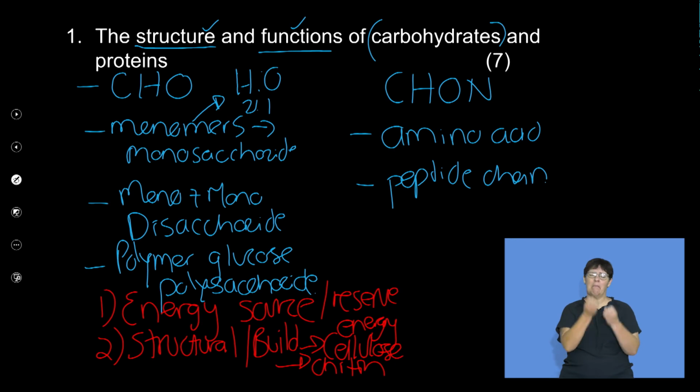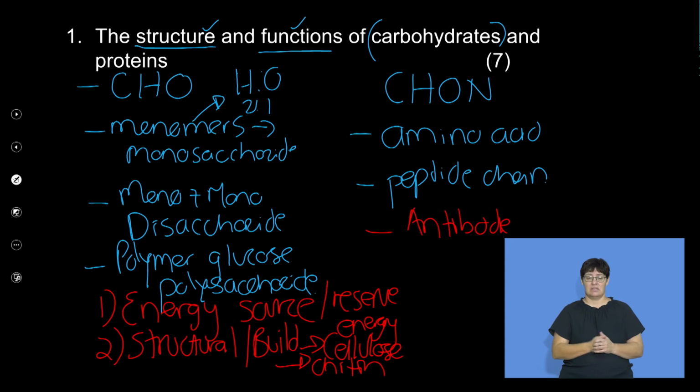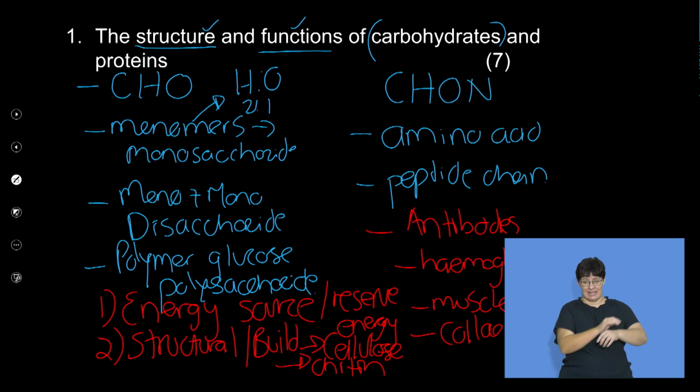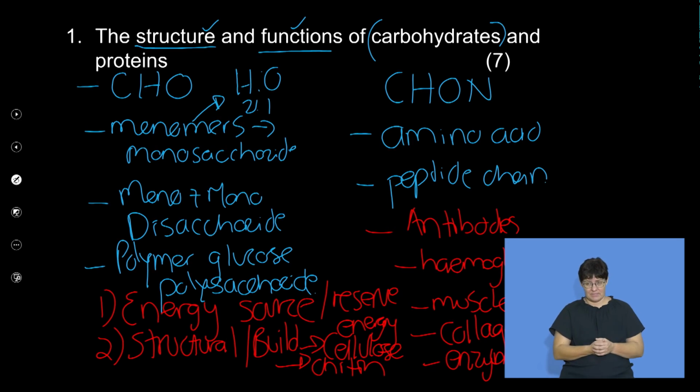Guys, there are so many functions here. They're antibodies, hemoglobin. They're part of the blood. They're in your muscle. We need it to build muscle. We need it for collagen in our skin. They are enzymes. So there are lots of things that you could have put for this one over here.